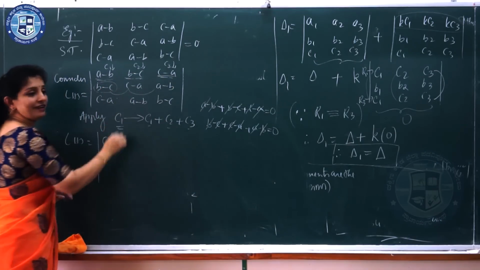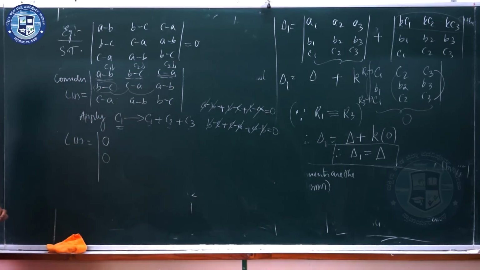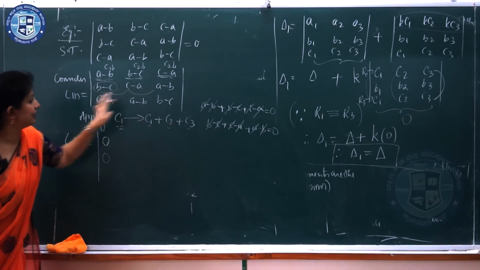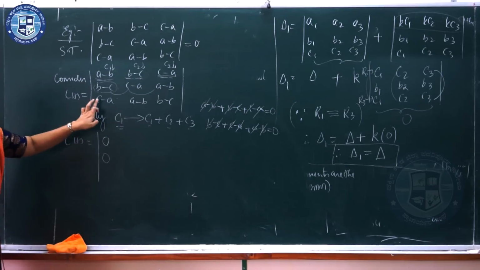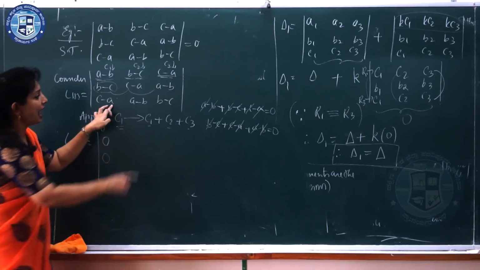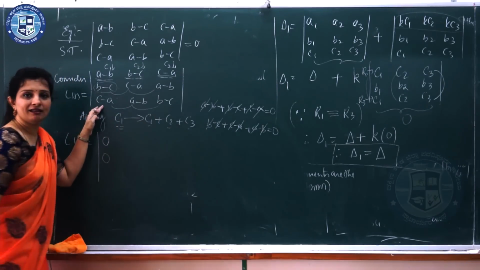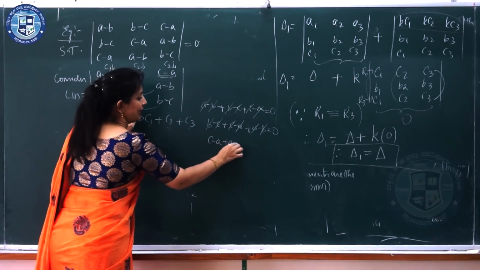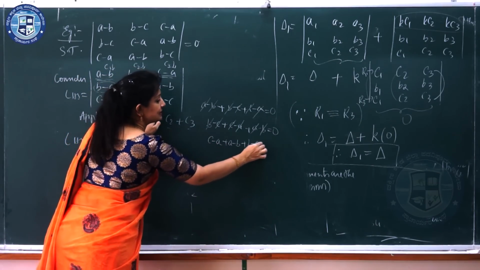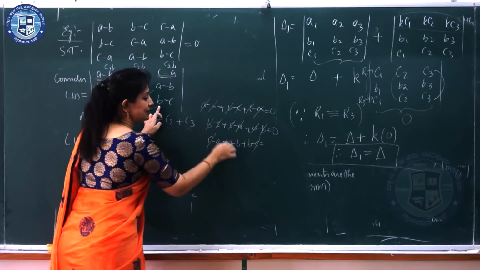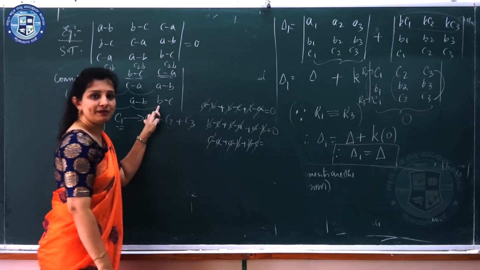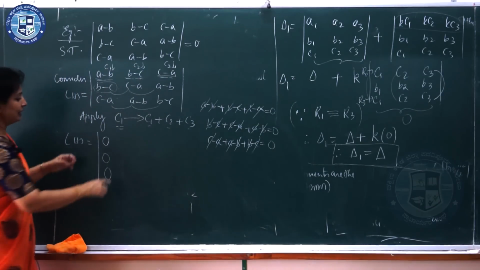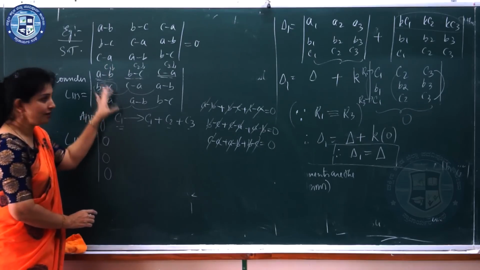Going to the third element, C minus A, add the next column elements: C minus A plus A minus B plus B minus C. C minus C, A minus A, B minus B cancel, and we get 0. So here also 0.